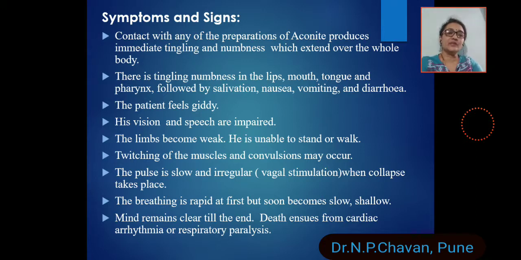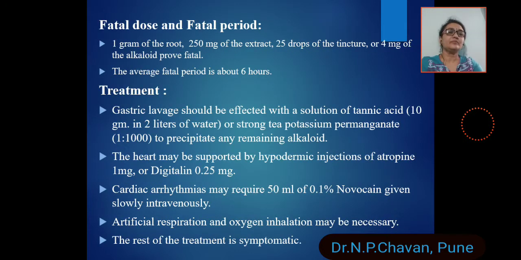Along with that, the person feels numbness, salivation, giddiness, then weakness, so the walk becomes a staggering gait. Then there is twitching of the muscles. Then slowly, as it is a cardiac poison, the action is on the heart, so the pulse is slow and becomes irregular. Then slowly there will be cardiac arrhythmia and respiratory paralysis.